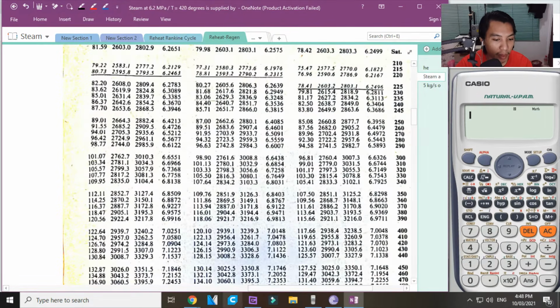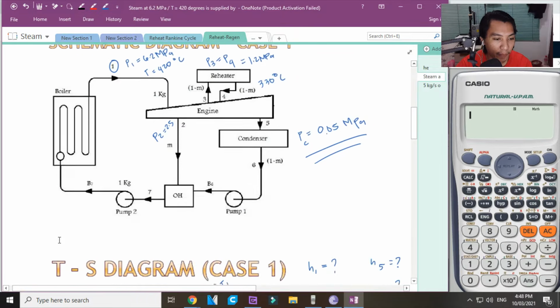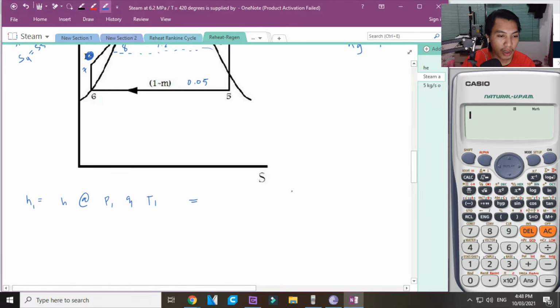So, nakuha natin yung value. That is 3224.4 kilojoule per kilogram. Yung S1 is equal to S2 is equal to S3, which is 6.5959 kilojoule per kilogram. Mamaya i-encircle natin lahat ng H.